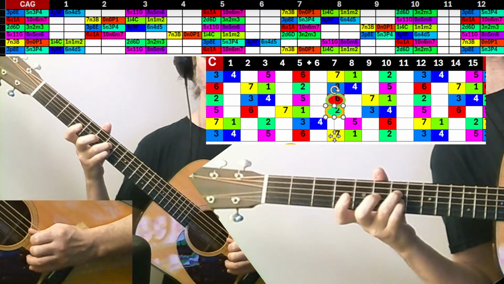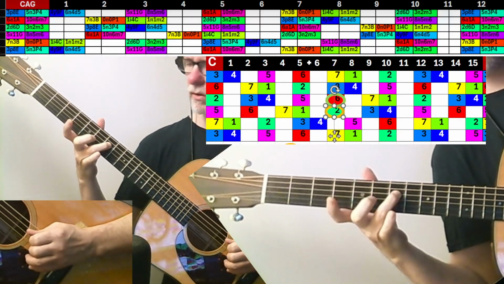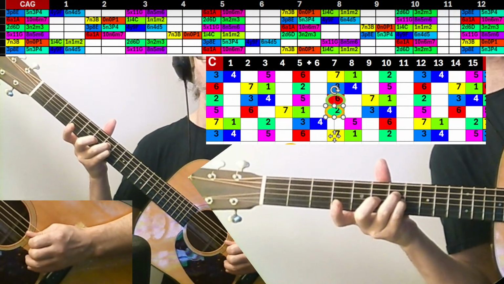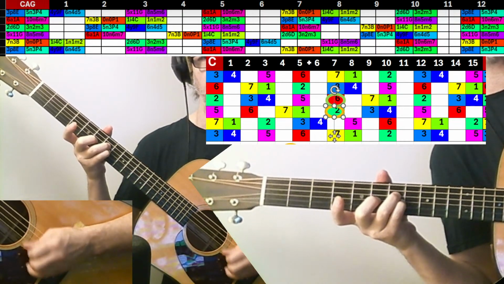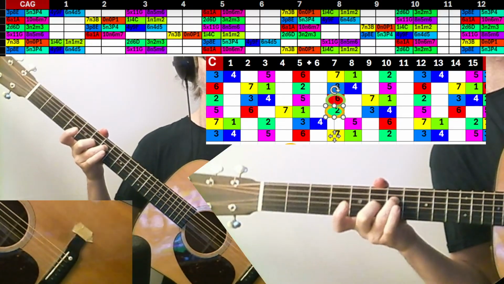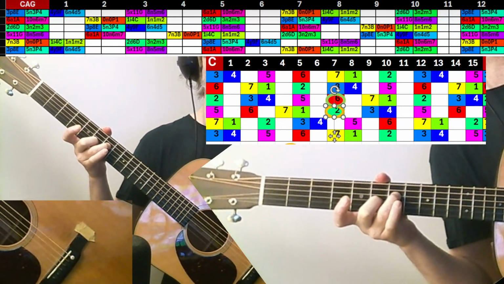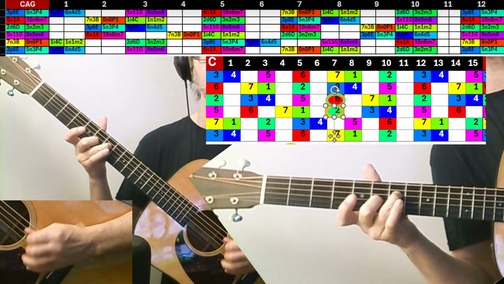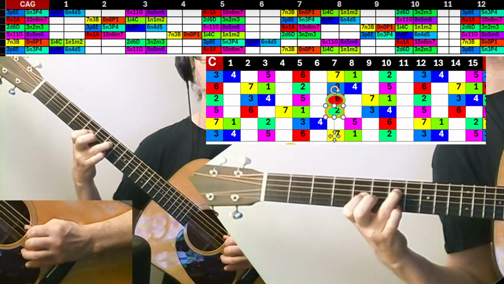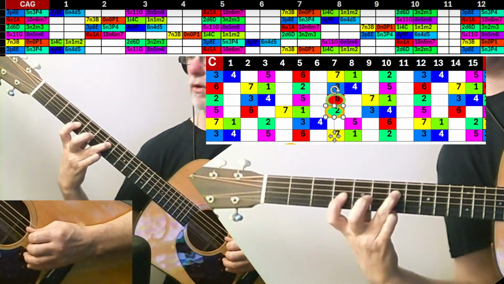So 7th fret Aeolian, rooting the ring finger, pinky on 7th fret Dorian, walking back to 6th fret Ionian Ocean, to 5th fret Ionian, to 4th fret Locrian.